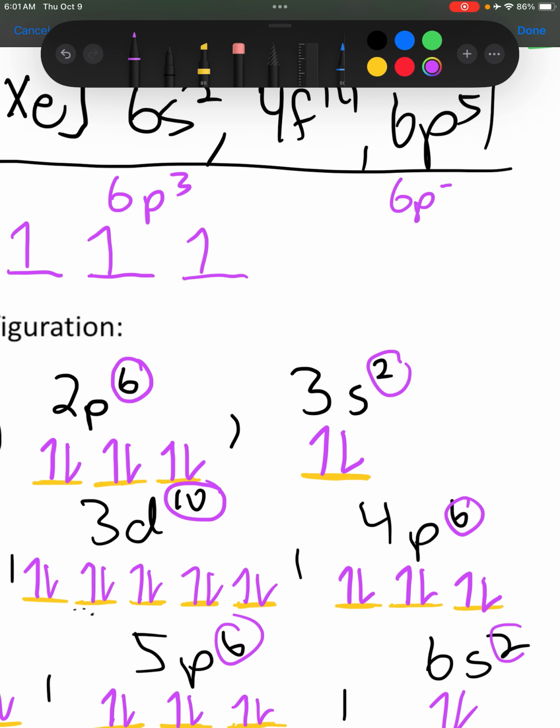Because some people draw 6p3 like this, and that is incorrect. It is most correct to put a single arrow on all 3 of those lines before you go back and pair them up. So that's why I draw it like that, because sometimes you will draw it incorrectly if you don't know about that rule. All right, so let's just go ahead and mark that as wrong, and we'll mark this one as correct.